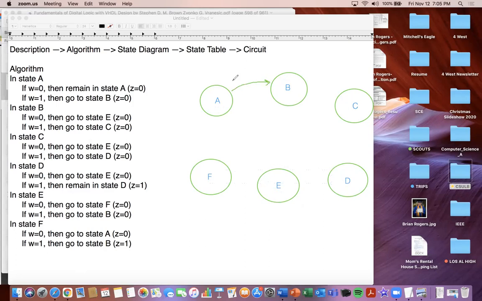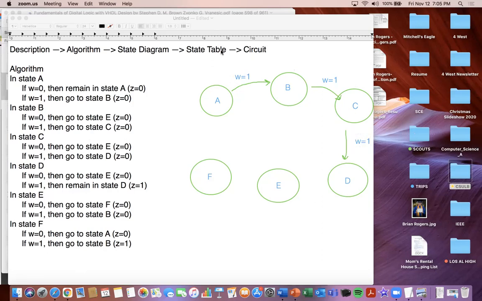So if W is equal to 1, it's going to go to state B. So say W is equal to 1. And then if W is equal to 1 again, it's going to go to state C. And then if W is equal to 1 again, it's going to go to state D. Got 3.